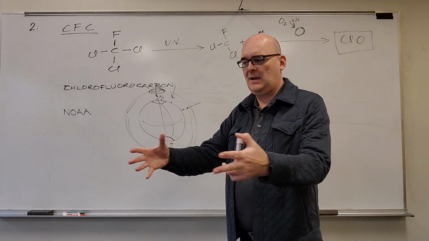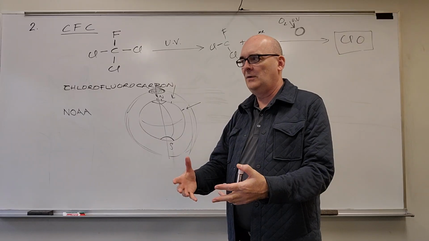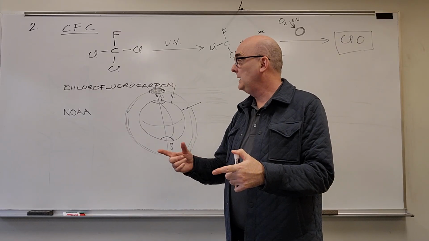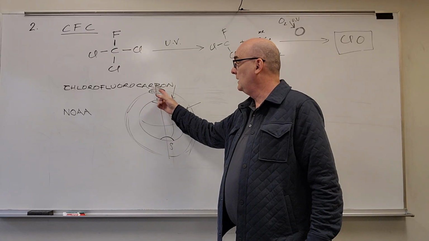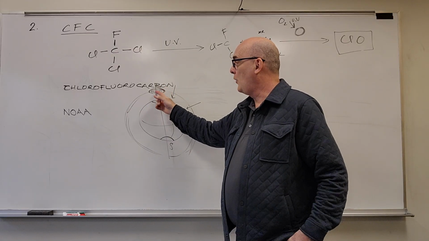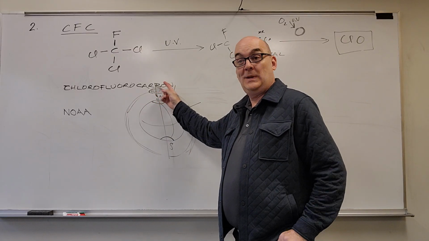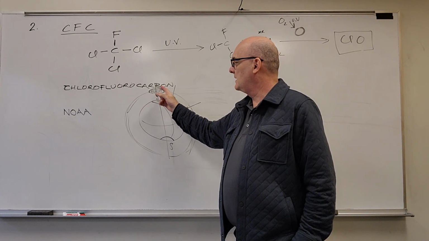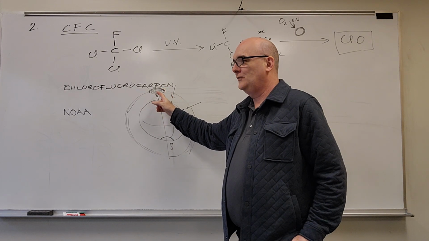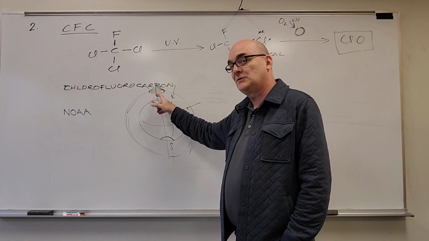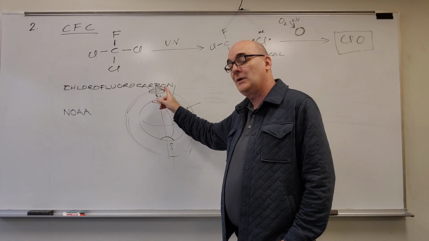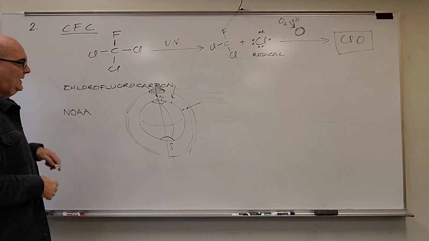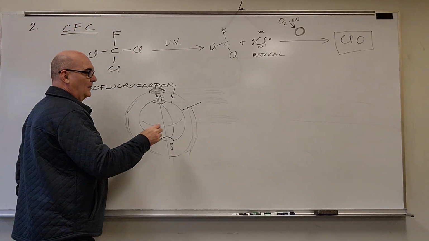We have actually illustrated maps of the seasonal change in how big this little depleted hole is. Now, when it's a hole, it doesn't mean it's completely gone, but it means that the amount of shielding that we receive from ultraviolet at that particular location is severely limited.